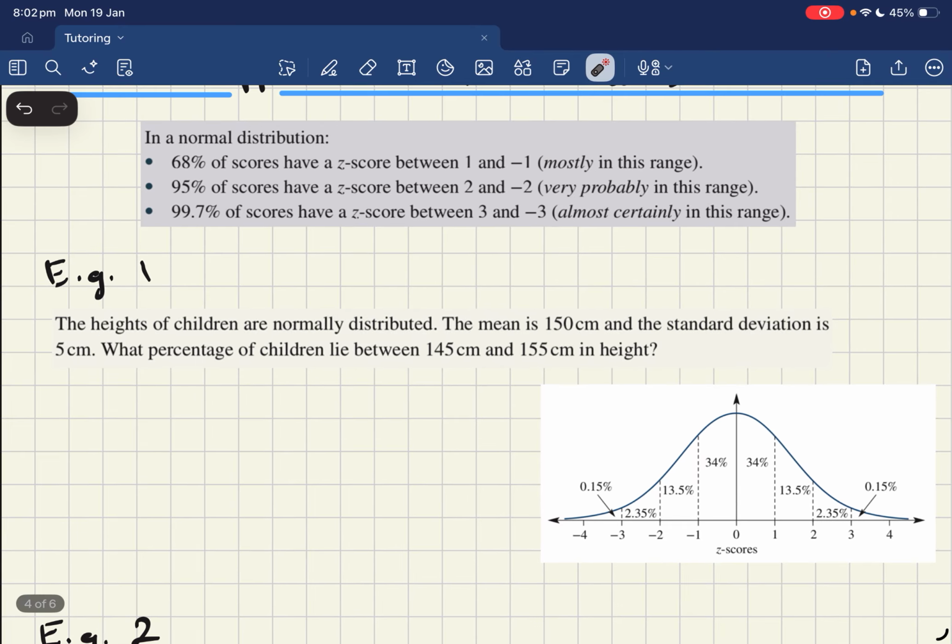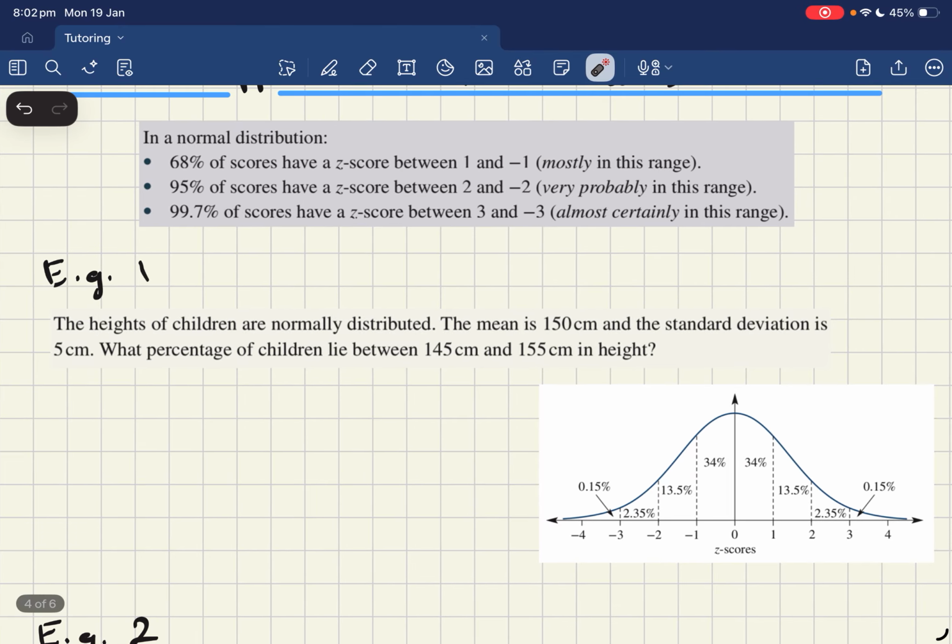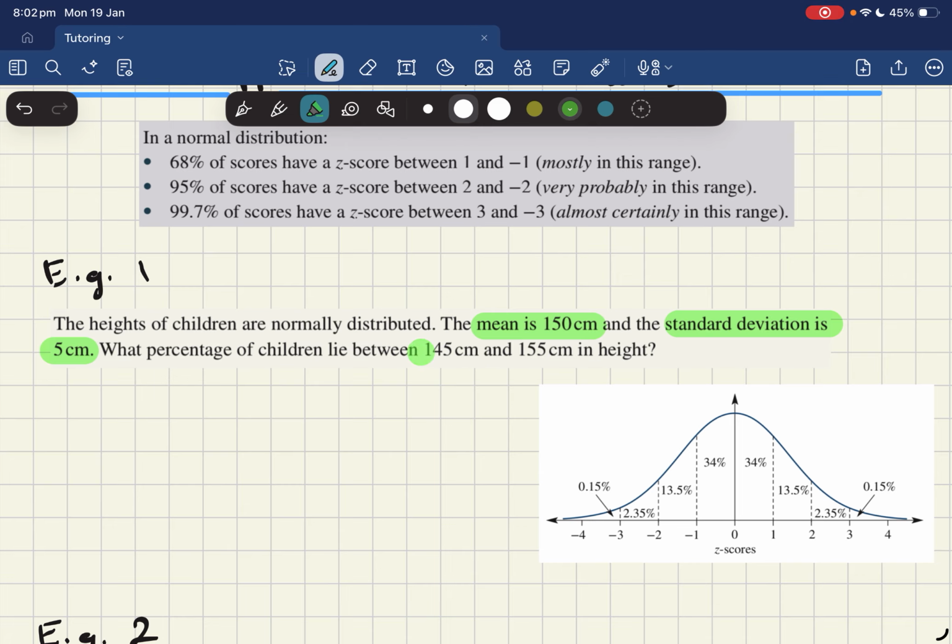Now, going straight into an example, it's saying the heights of children are normally distributed. The mean is 150 centimeters, and the standard deviation is 5 centimeters. It's asking what percentage of children lie between 145 and 155 centimeters in height.